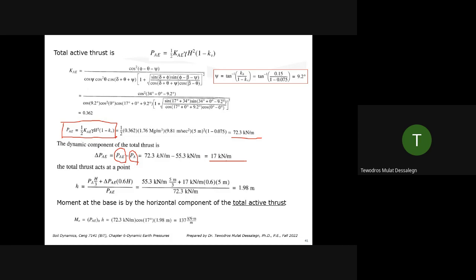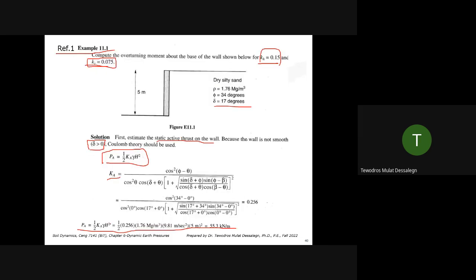What's 17 kilonewton per meter? 17 is the dynamic component. The total thrust acts at a point, so we know that the static component, it acts at what distance from the base? The static, this one, it has the net force, it acts how much?